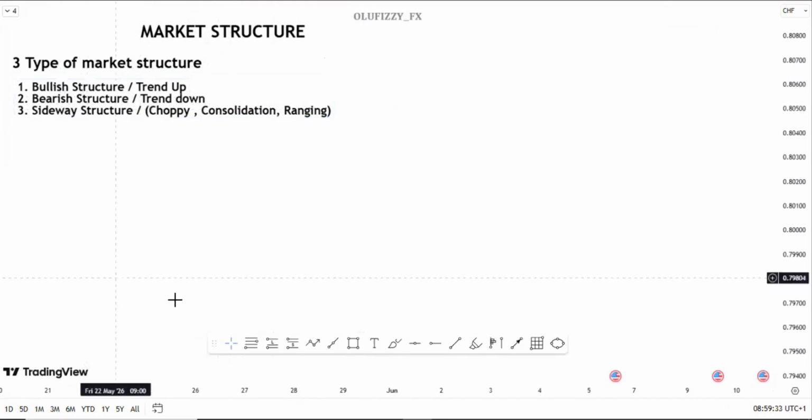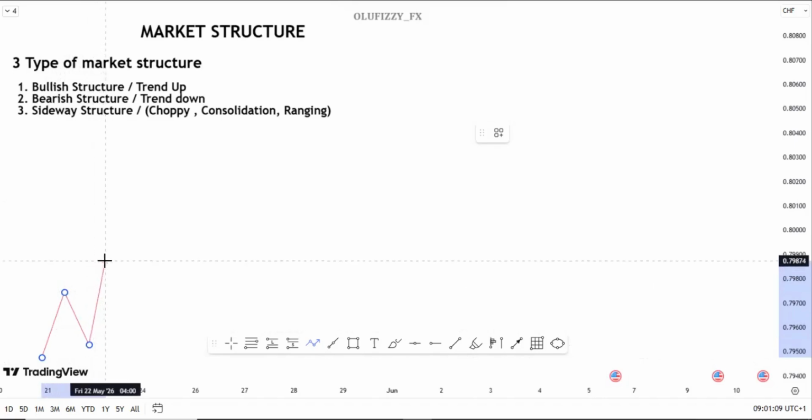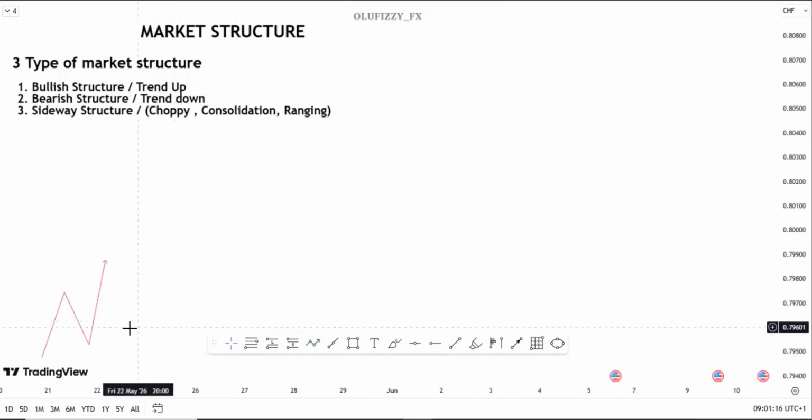Now let's take a look at the first one, which is the bullish market structure. Bullish market structure is when the market is creating higher highs and higher lows. What does that mean?